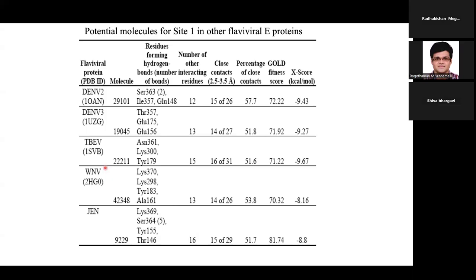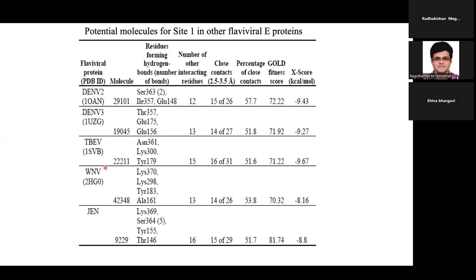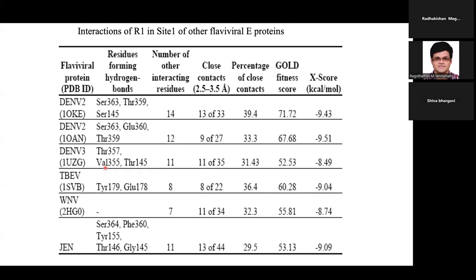That is the whole reason why we wanted to see if we can find similar interactions between the molecules and multiple proteins belonging to the same family. Similarly, this is for potential molecules for site 1 in other flaviviral proteins.